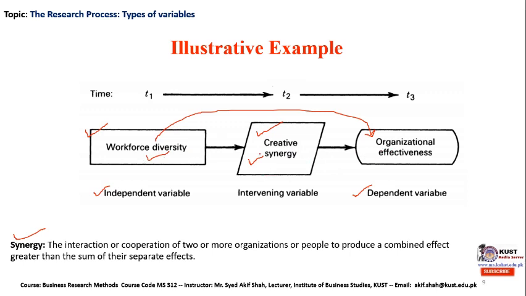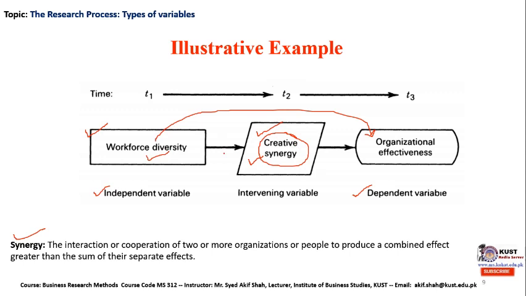So until and unless creative synergy has been developed, the diversified workforce cannot impact organizational effectiveness, which is the dependent variable. Or another way around, the diversified workforce cannot enhance organizational effectiveness until creative synergy has been developed. Now how has this variable been generated?